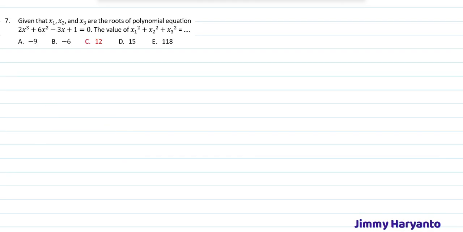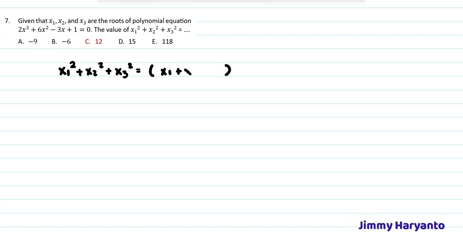Next question is 7. For question 7, find x1 squared plus x2 squared plus x3 squared. For this one, I already gave the formulas for you before in the class.